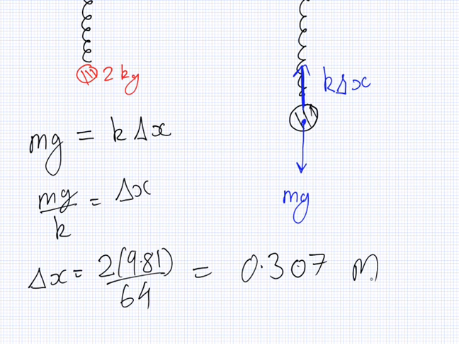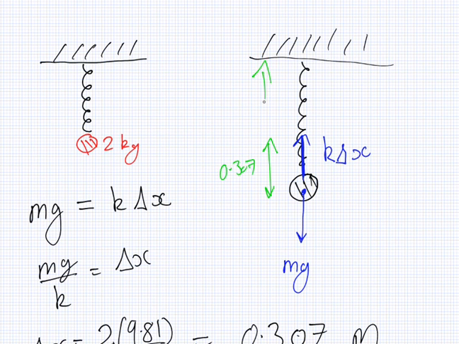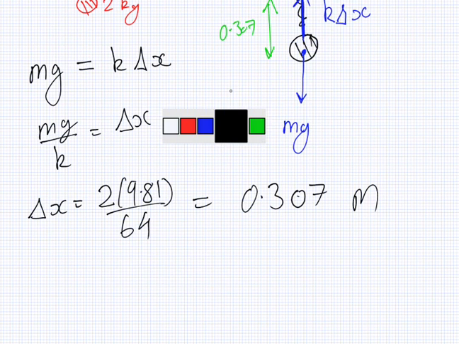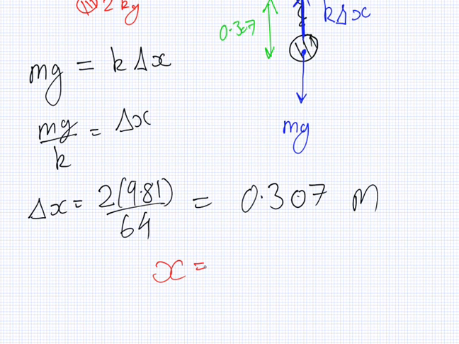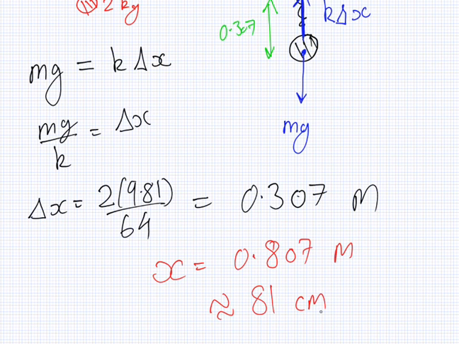No. What do I have to do now? I have to add it to the 0.5, because this is only the extension. What I worked out was 0.307, so I still need to add on the original 0.5. So the final answer, the length, is 0.807 meters, or roughly 81 centimeters.